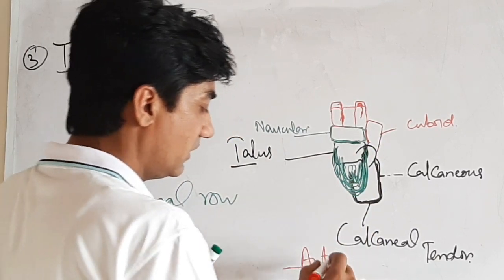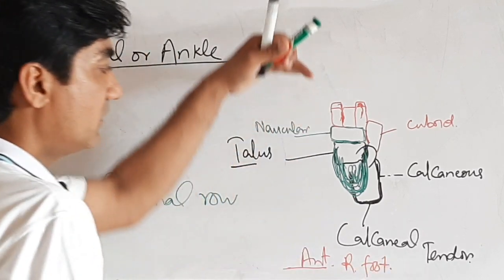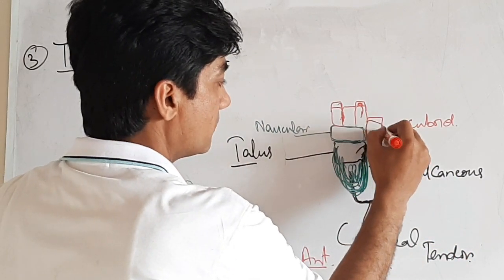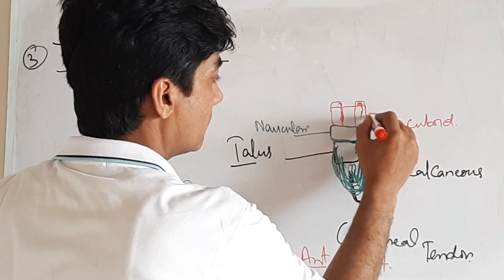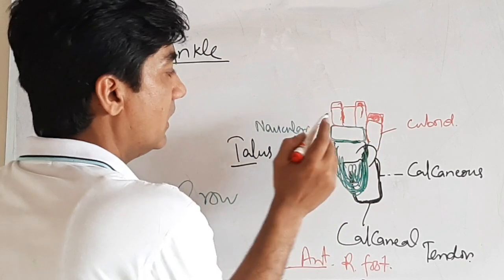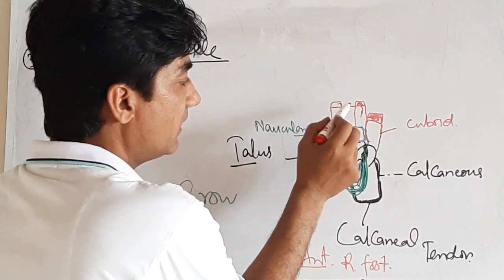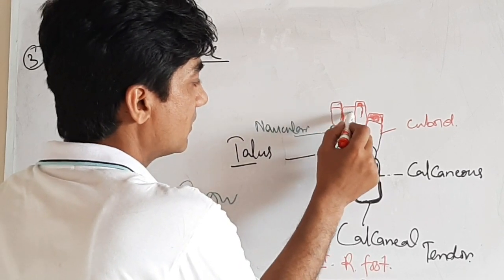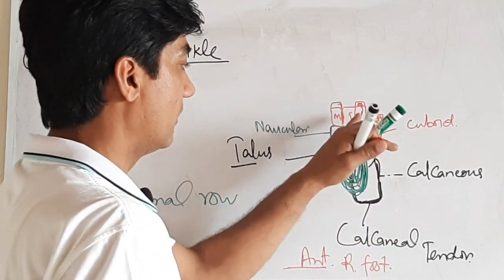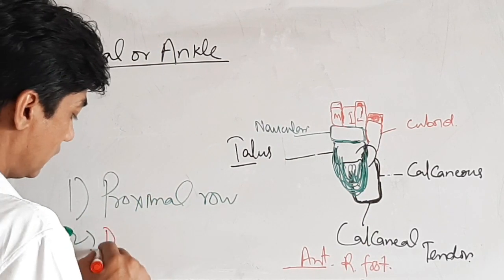We are discussing the right foot. This is the medial side, this is the lateral side. This is the cuboid bone. And these three bones are called cuneiform: the medial cuneiform, the intermediate cuneiform in the center, and the lateral cuneiform. So these four bones are arranged in the distal row.